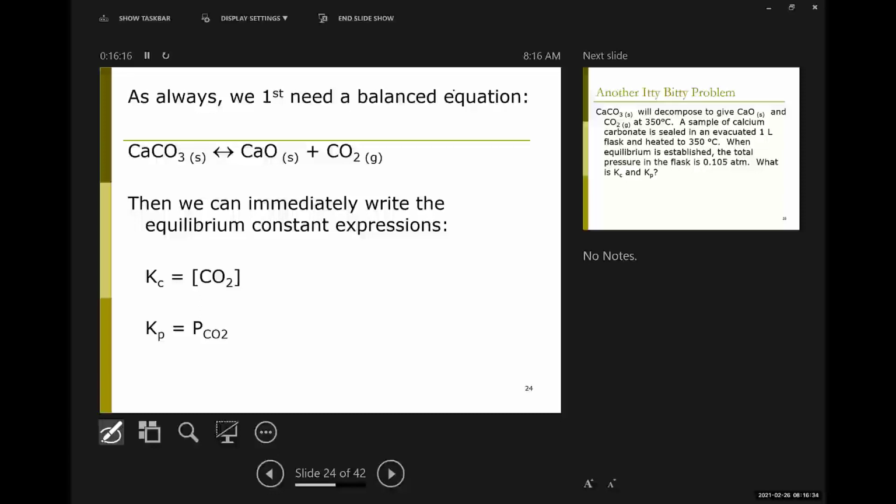So they are taken to have a constant activity of 1, meaning they essentially do not appear in my equilibrium expression. So in fact, the Kc value is simply the concentration of carbon dioxide, right? And the Kp is simply the pressure of carbon dioxide.